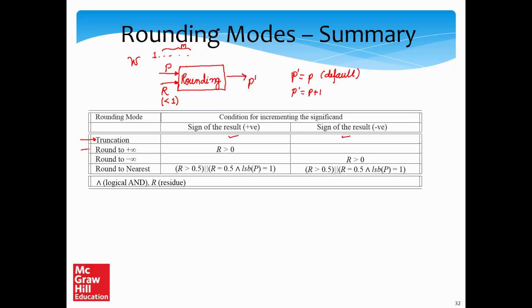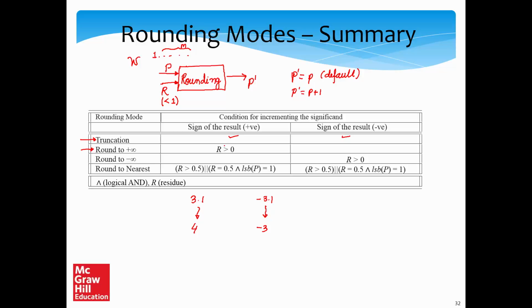Let's now talk about rounding to plus infinity. So let's take a look at two numbers, 3.1 and minus 3.1. In the case of 3.1, this needs to be rounded to plus 4 because that's the next greater integer. In the case of minus 3.1, this needs to be rounded to minus 3 because that is the next greater integer.